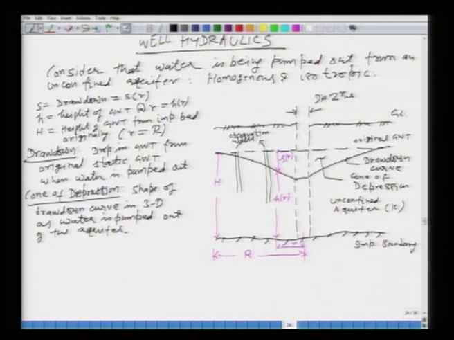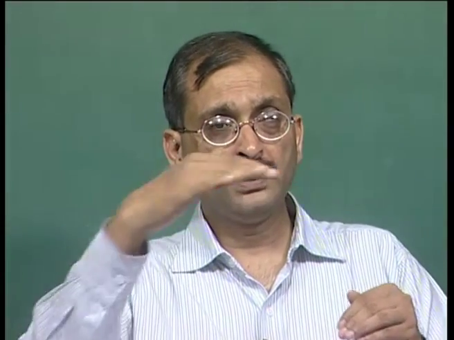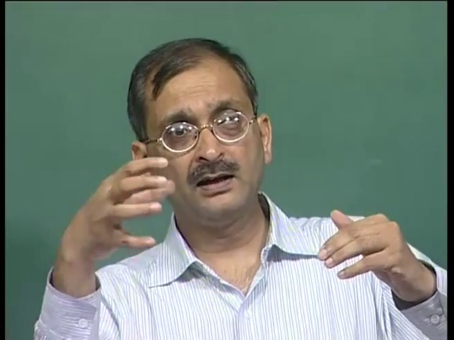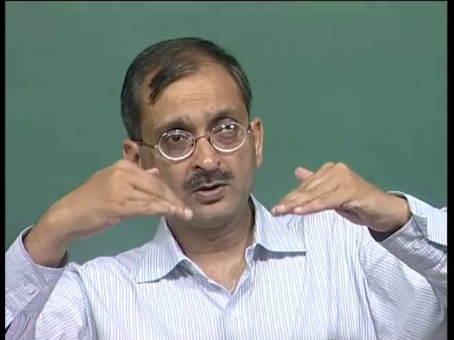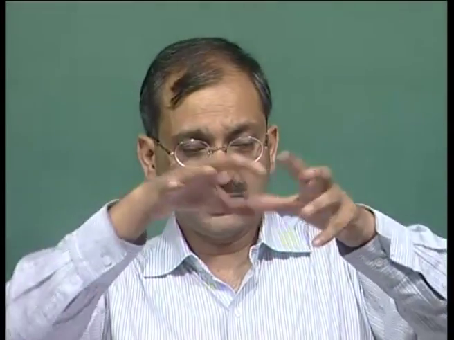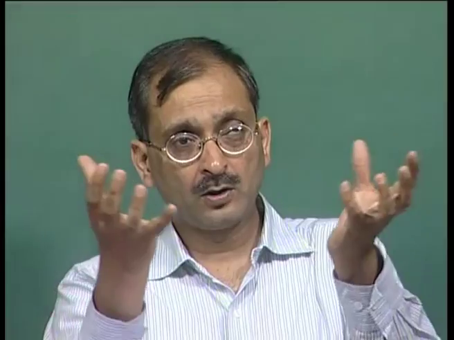Okay. So, what is the cone of depression? You have the original groundwater table, it is getting lower. If you are looking from the side, or from any angle, you will see that the groundwater table is going down. But if you look from the top or in a 3-dimensional picture, then you will have a cone forming, all right. So, it will be a conical shape of your drawdown curve, which is called the cone of depression. The whole groundwater table is getting depressed and it is forming a cone.